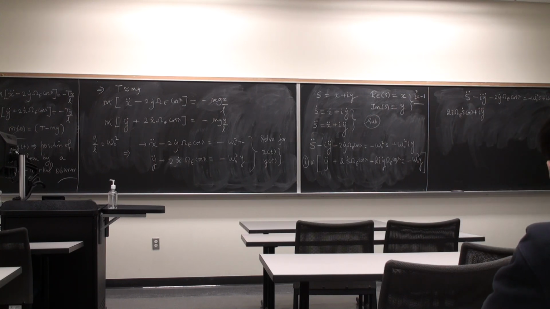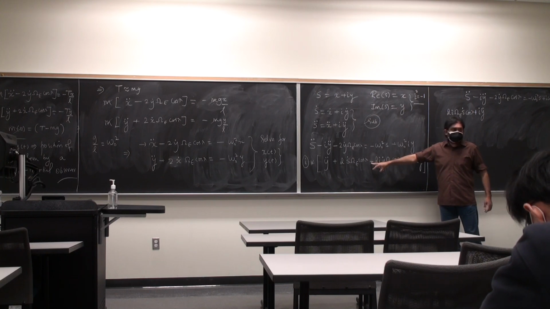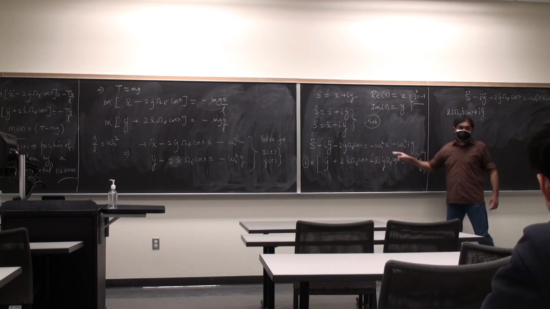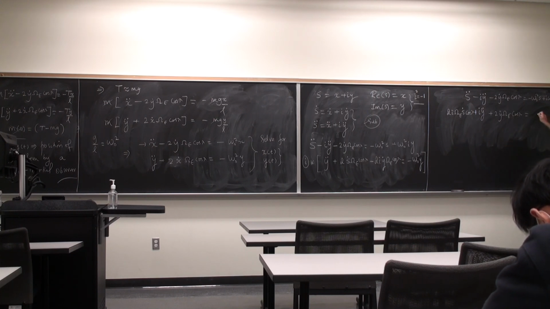You see what I'm doing? Then I keep going forward. i times i is minus 1, but I have a negative sign, so this becomes a plus. So this is now going to be plus 2 y dot omega_e cosine lambda. This is minus i omega naught square.